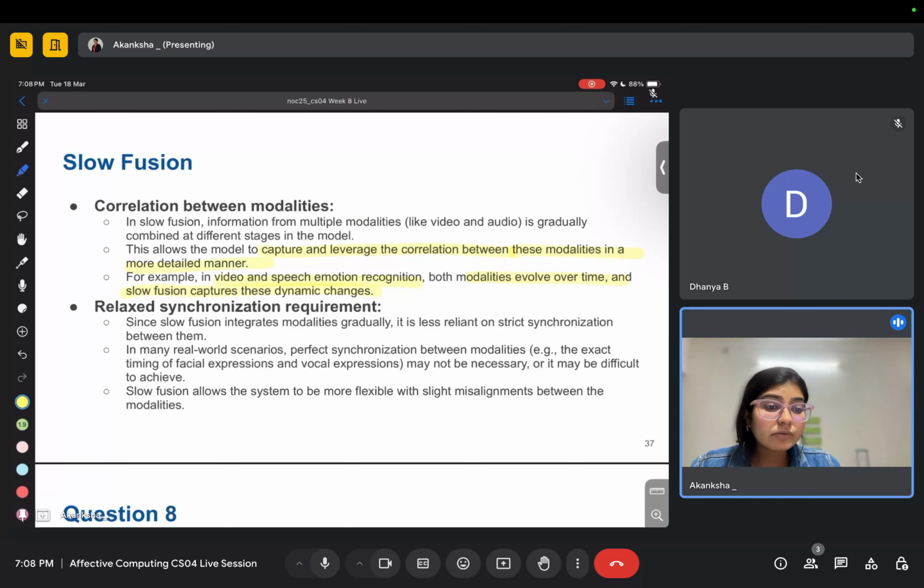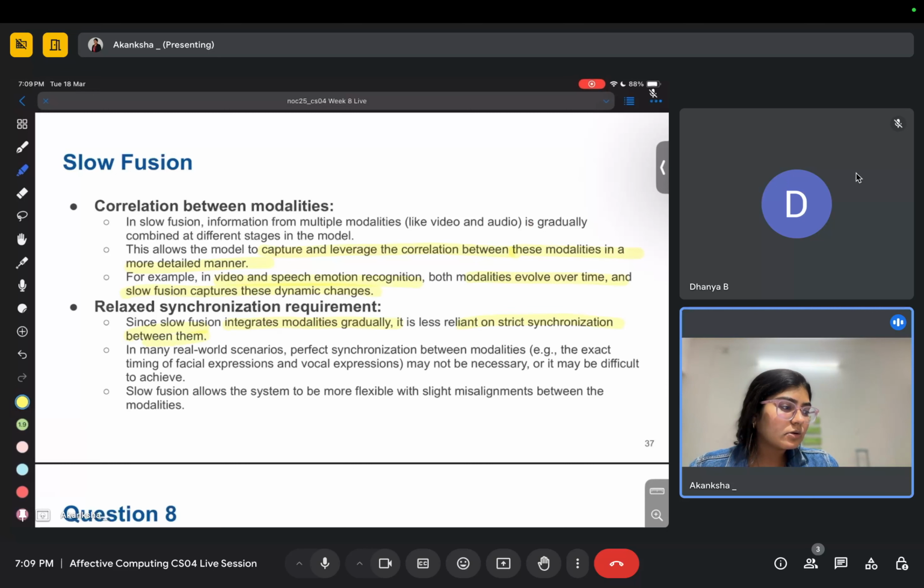And also we do not need to synchronize it end to end properly. It is more of a relaxed synchronization. It has more relaxed synchronization requirements. Since it integrates modalities gradually, we don't need any strict synchronization between them.